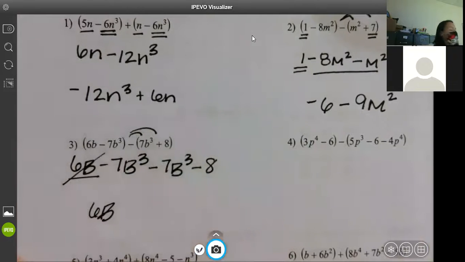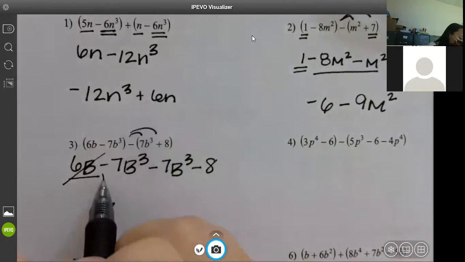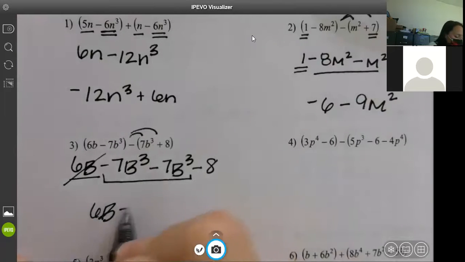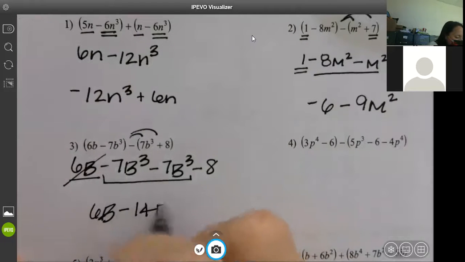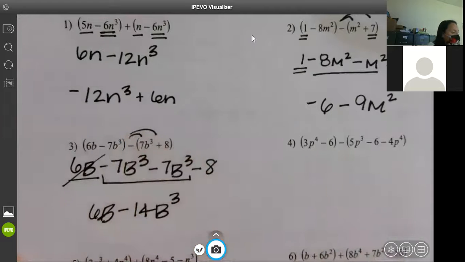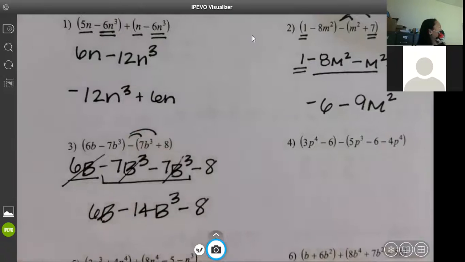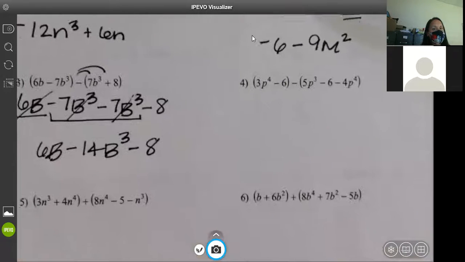If you need to mark them out as you do them, that's fine as well. You have negative 7 minus 7, which is negative 14. And what made them alike was the b cubed. Again, you can mark them out when you're done with them. And the last thing that we have is a negative 8. Again, just adding like terms.